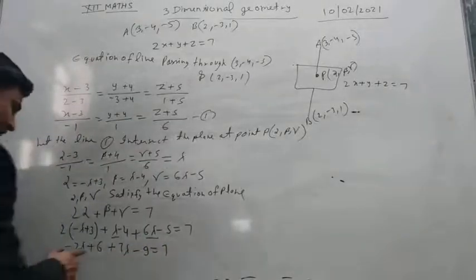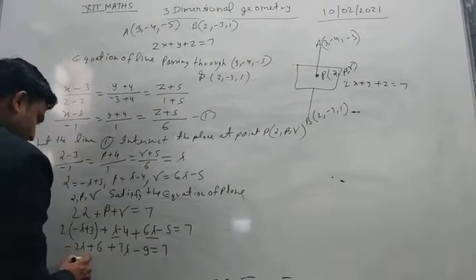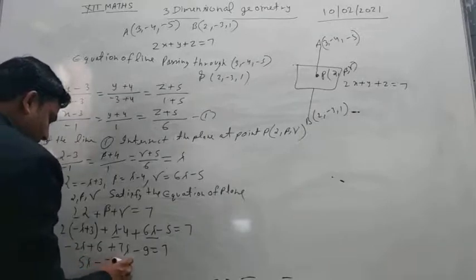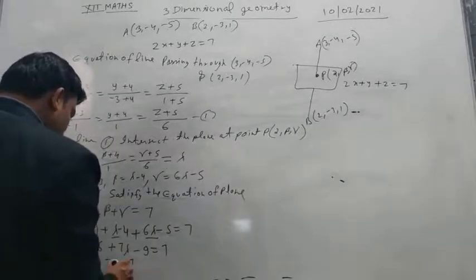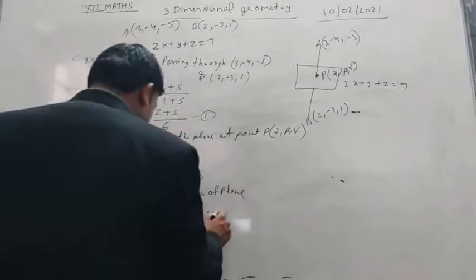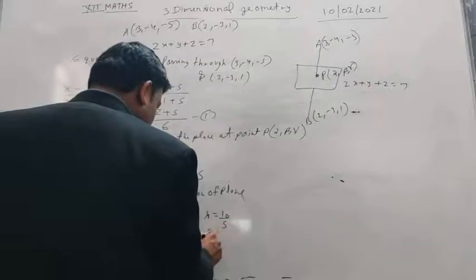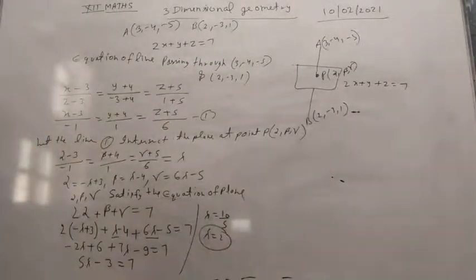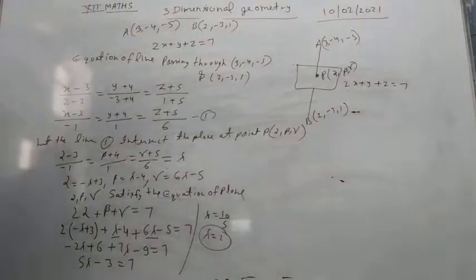Okay students, so this is 7 minus 2, this is 5 lambda minus 3 is equal to 7. So students, from here we write lambda is 10 by 5. So lambda is 2.